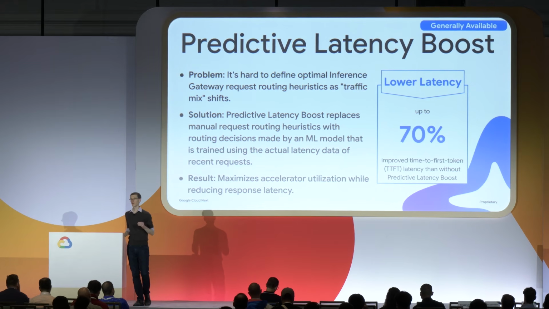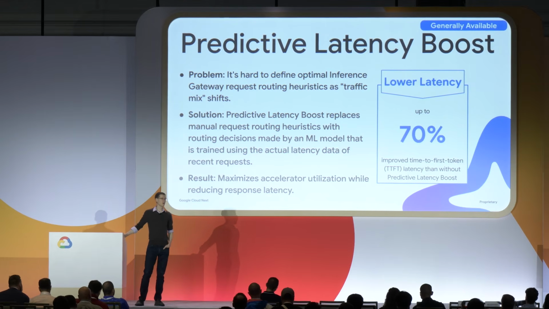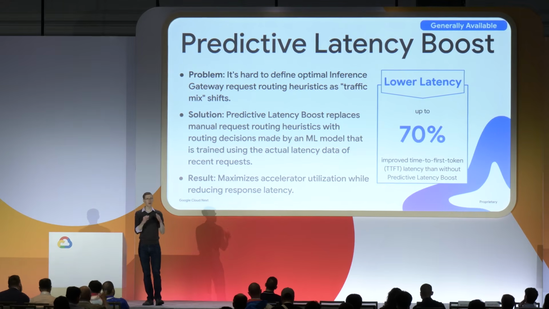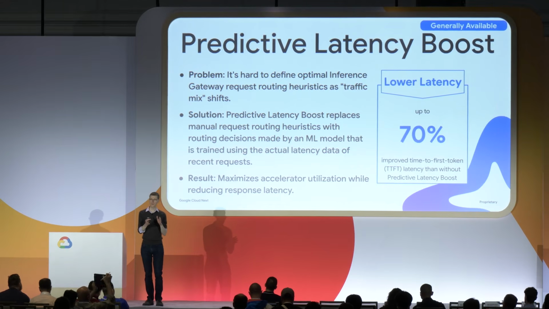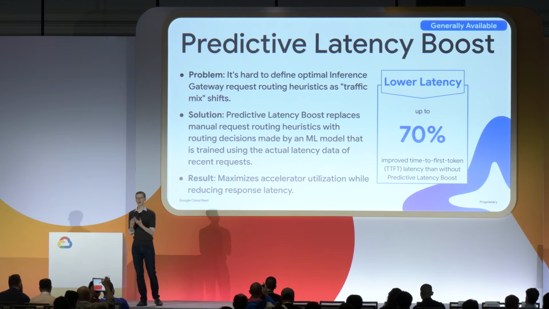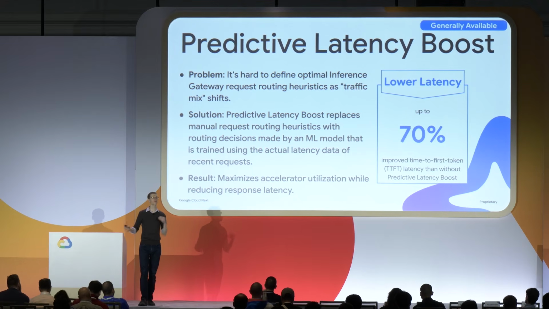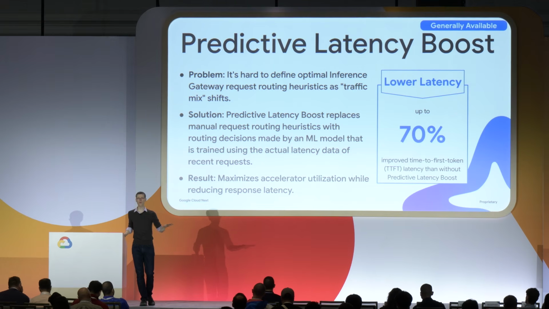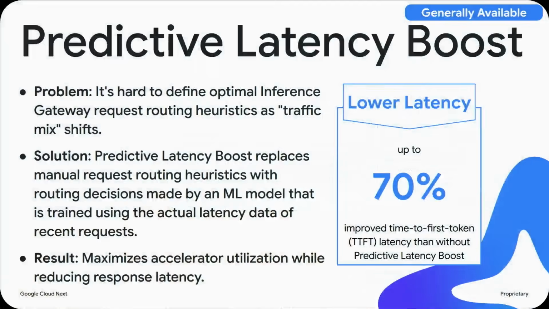So I told you earlier that the routing logic for Inference Gateway previously was heuristic-based. Predictive Latency Boost one-ups that, and instead has a small ML model that is continuously updated that will look at the latency of the responses coming back and then use that information to make predictions about the new requests coming in, which replica of your model server would be the best one to route it to.